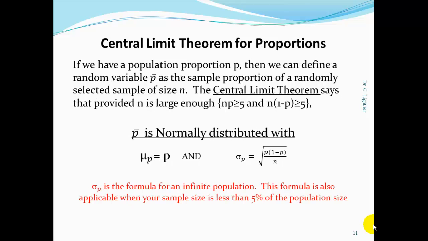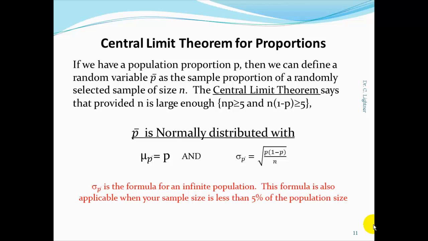Let's also recall the central limit theorem for proportions. If we have a population proportion p, then we can define a random variable p bar as the sample proportion of a randomly selected sample of size n.